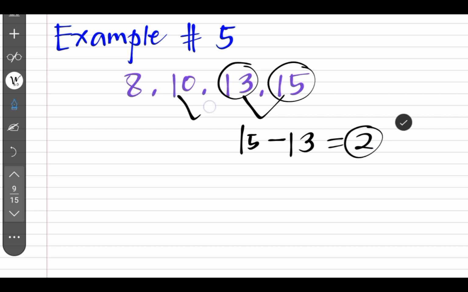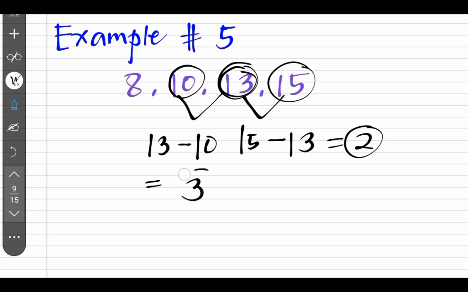Next, let's subtract 13 and 10. So, right minus left. 13 minus 10 is equal to 3. Oops! In the first two consecutive terms, we have a difference which is 2. However, on the second consecutive terms, we have a difference which is 3. So, if they are not common, we cannot say that this sequence is an arithmetic sequence.